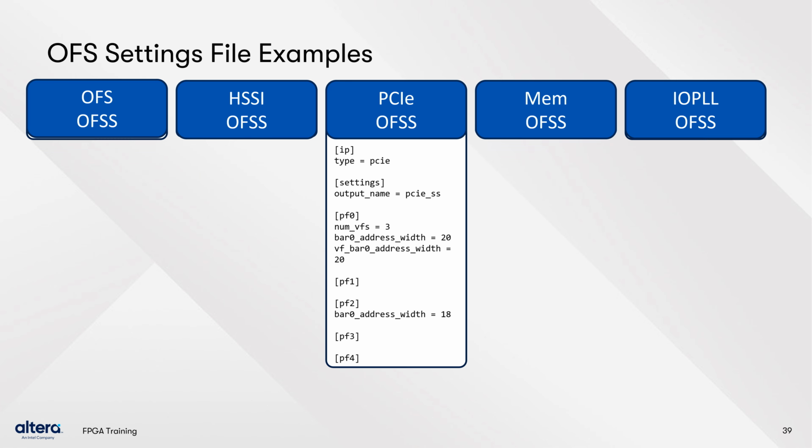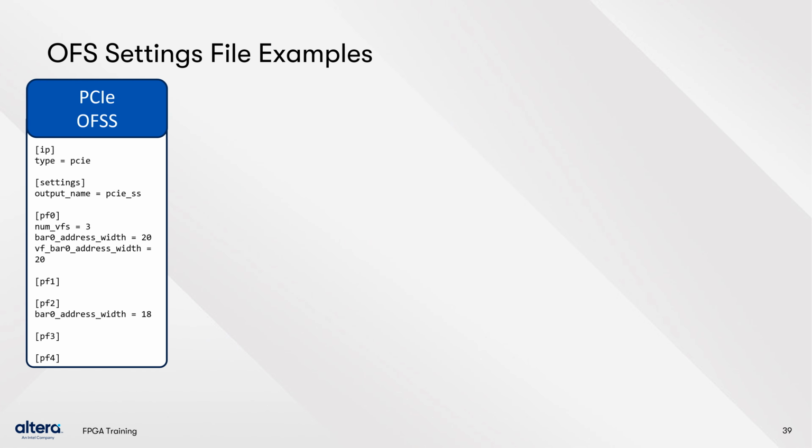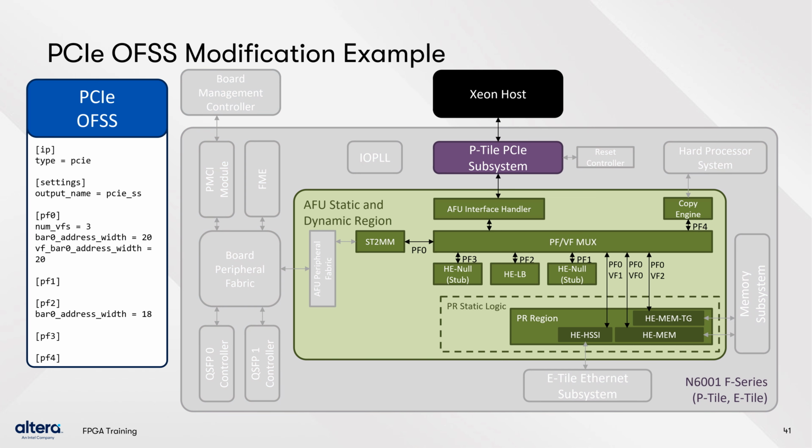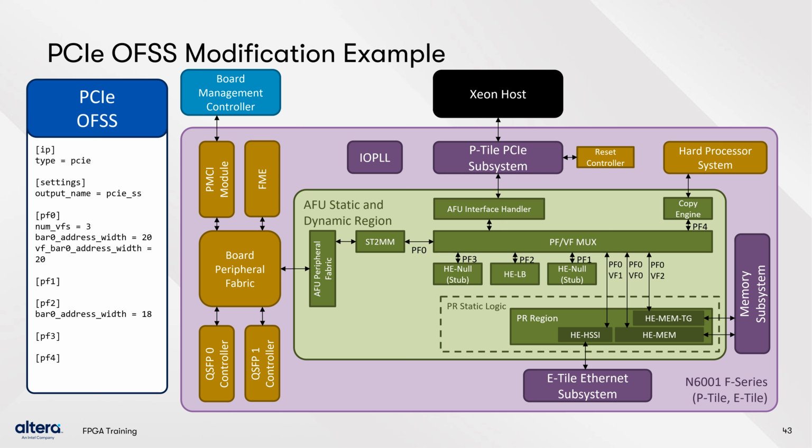Let's take a closer look at the PCIe configuration. The default PCIe attached design has 5 physical functions in the PCIe subsystem. You can see the targets for each physical function connected to the PF/VF mux in the AFU shown in green. Now let's say you want to add a physical function to the design.